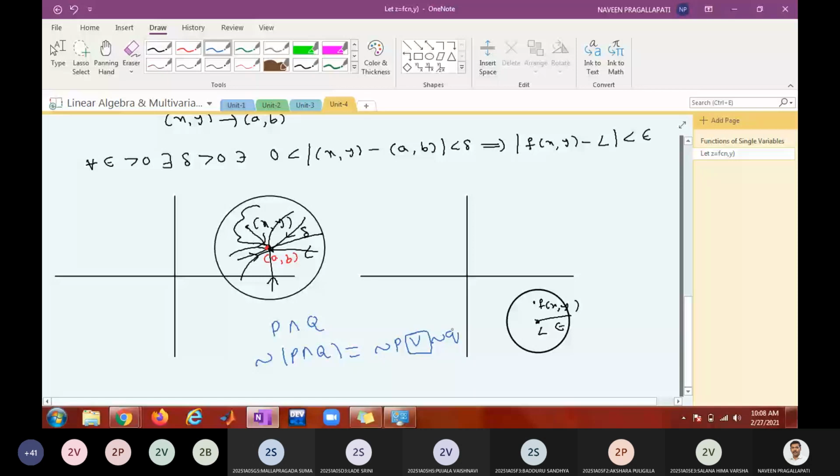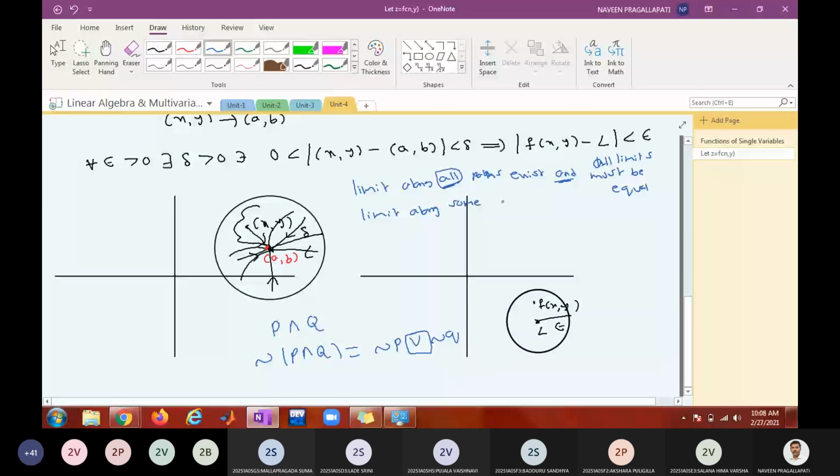Okay. The limit along all paths exists and must be equal. All limits must be equal. What is the negation of this statement? What is the negation of all? Some path.